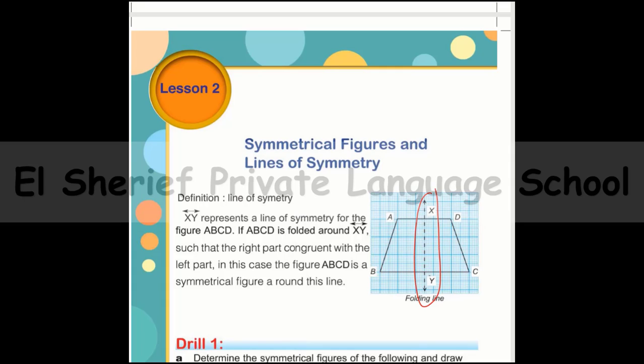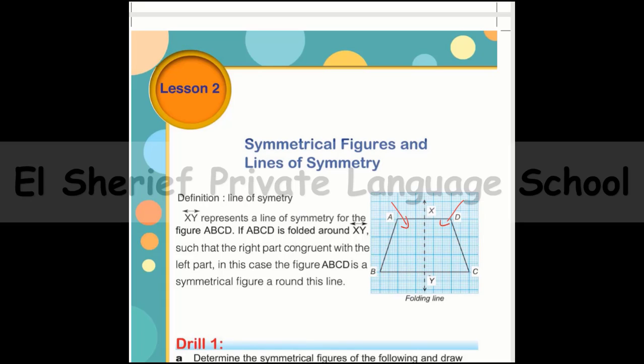So we can say that XY is a line of symmetry. The line of symmetry divides the figure into equal, congruent parts, and we can fold this figure around the line of symmetry.